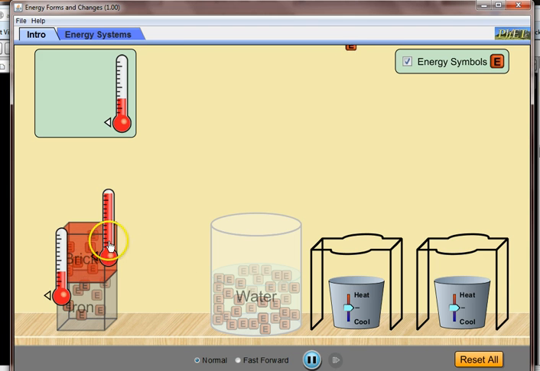Okay, can you see that the energy particles are going down? Can you see the temperature is going down on this side? Temperature is actually increasing on this side of the thermometer. The temperature of the iron is increasing, the temperature of the brick is decreasing. Can you see that?